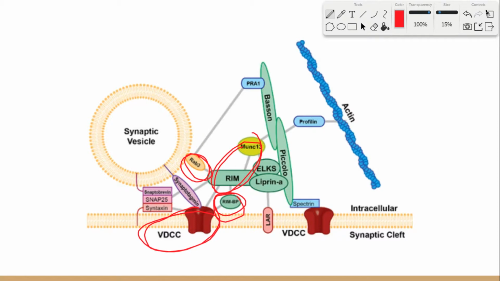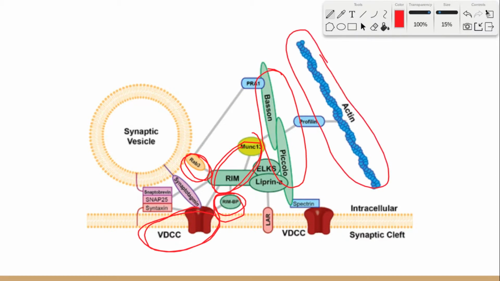We also see RIM interacting indirectly with the bassoon-piccolo complex, or bassoon, and this tethers our complex to the actin cytoskeleton. One interaction I didn't mention was this liprin.